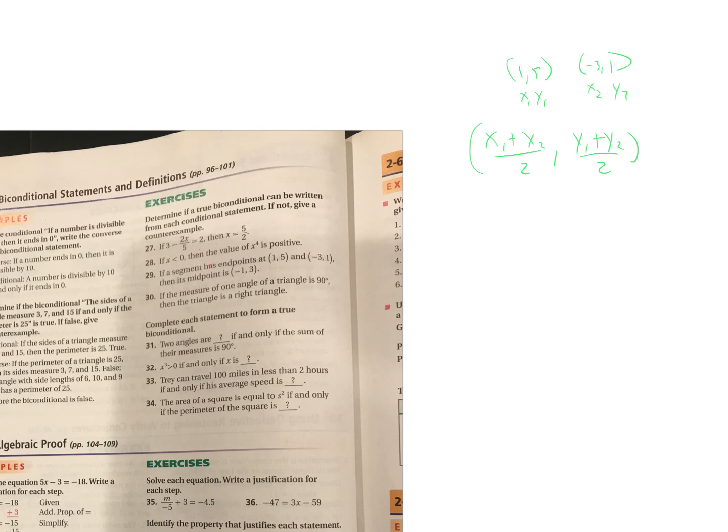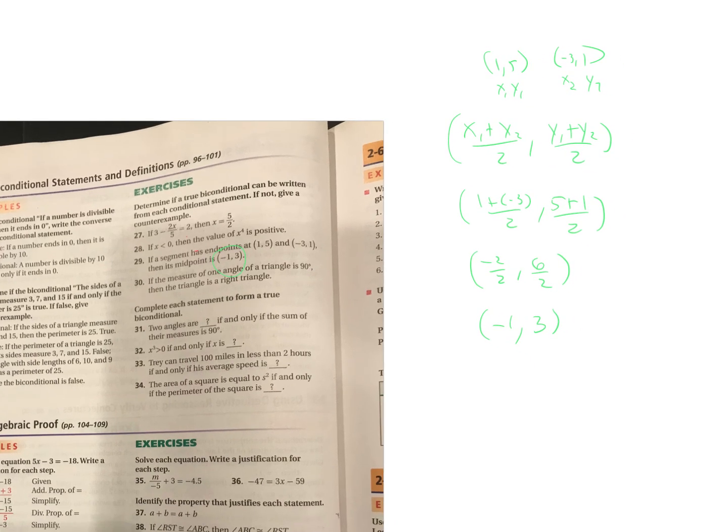The midpoint should be 1 plus negative 3 over 2, and 5 plus 1 over 2, so negative 2 over 2 and 6 over 2, and that would be negative 1 comma 3 as the midpoint, and that does indeed check out here. So we know that the original is true.